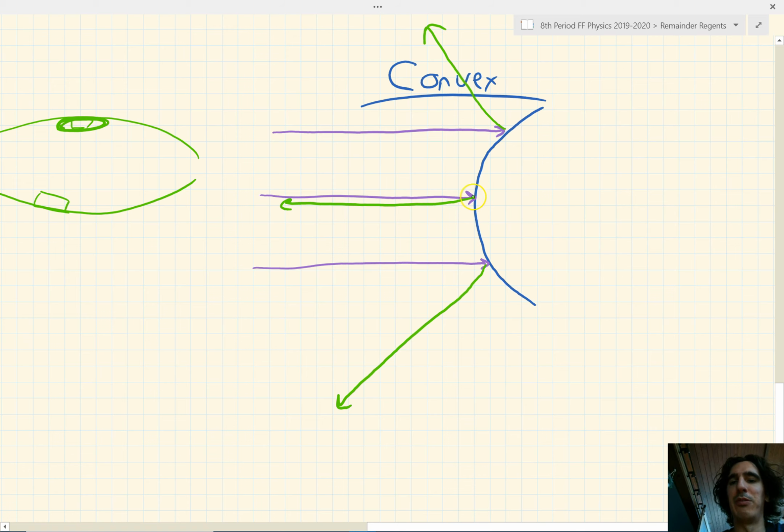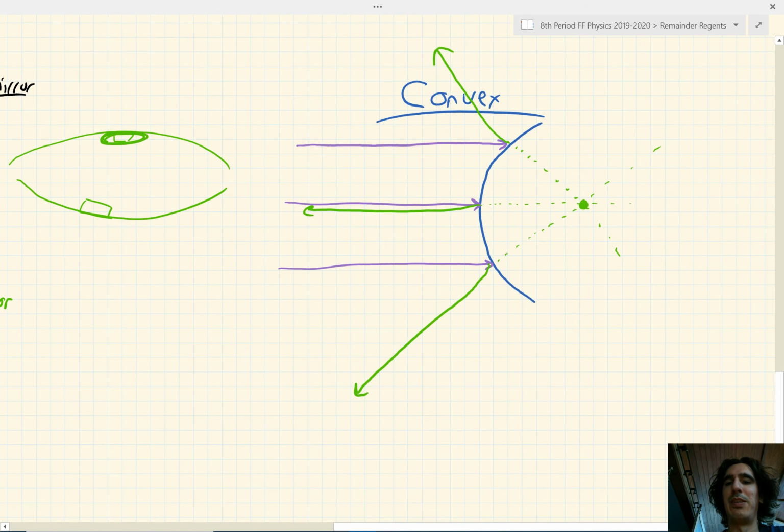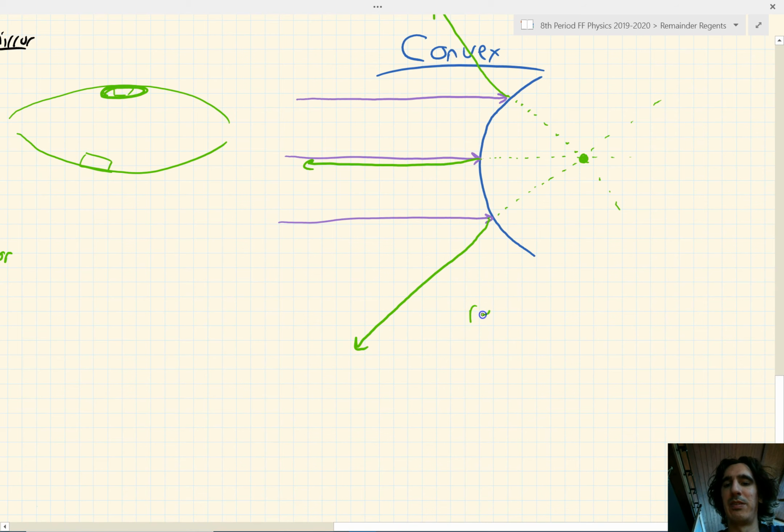But just like the flat mirror, we could continue the reflected rays behind the mirror. And what happens is they're going to intersect at a point. That's called a focal point. Notice it's behind the mirror. So we can say rays intersect behind mirror, forming a virtual image.